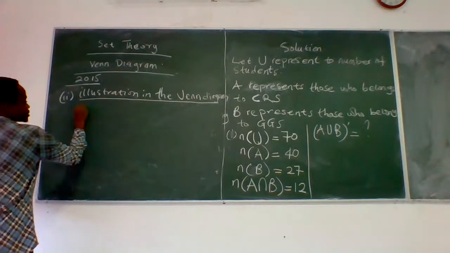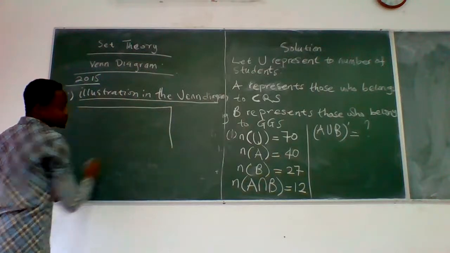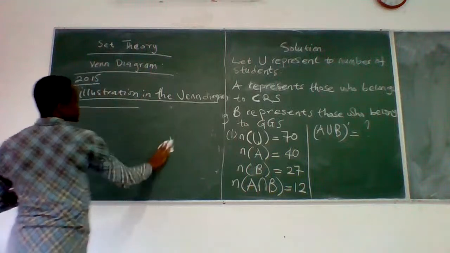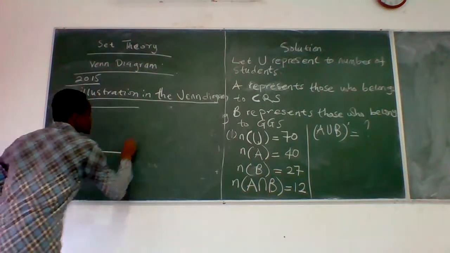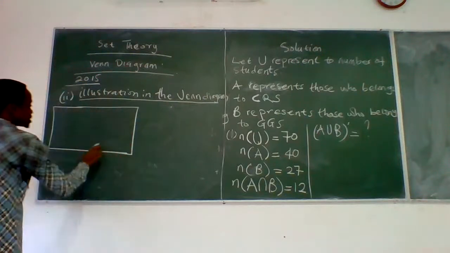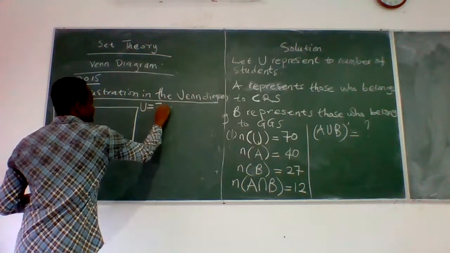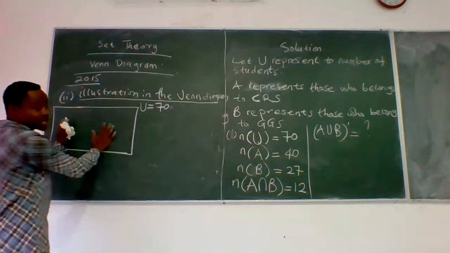So what is our total space? This box is the total number of people in the class. So U is equal to 70. We are just transferring this information into the Venn diagram.